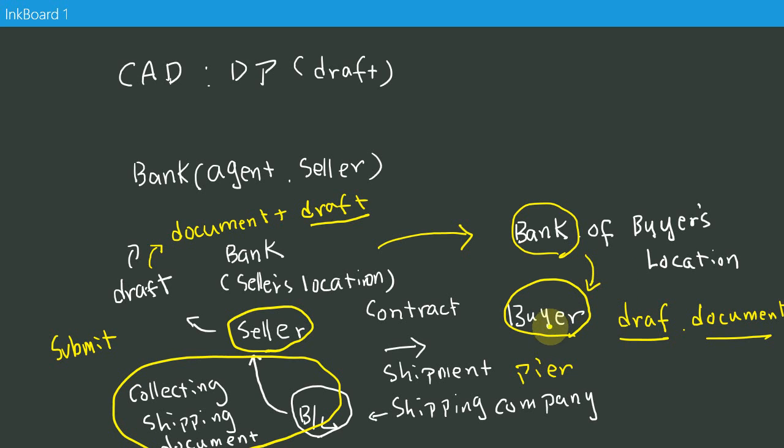And asking this bank to send this to the buyer's bank, and the buyer's bank contacts the buyer and collects money. Like this process, okay? This is the DP. In this case, we generally call this bank the collecting bank.